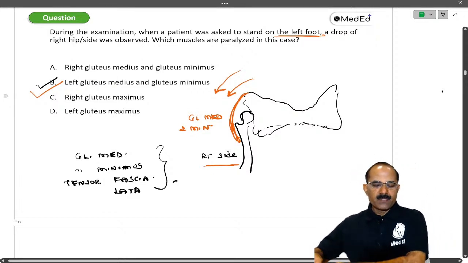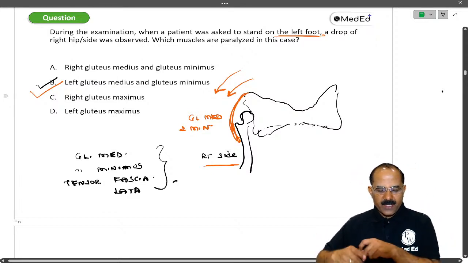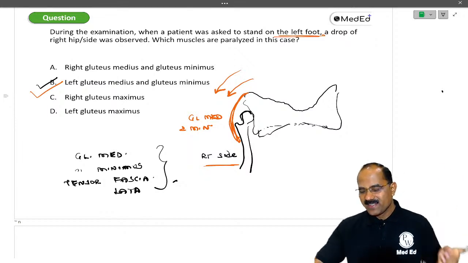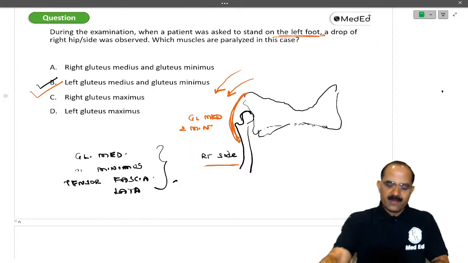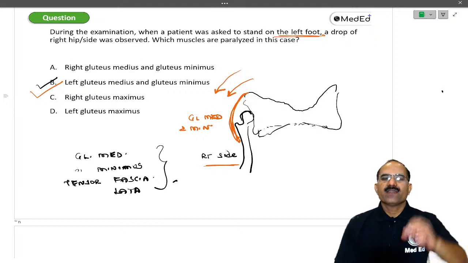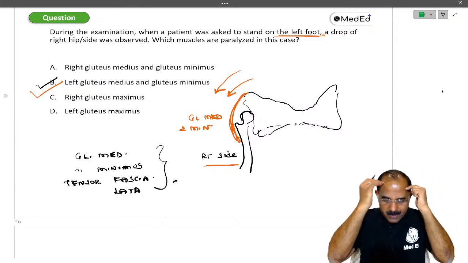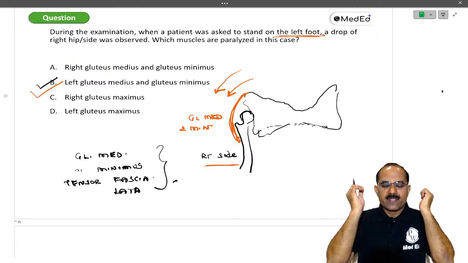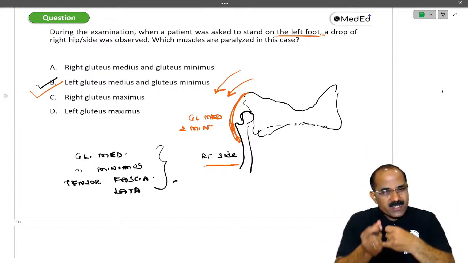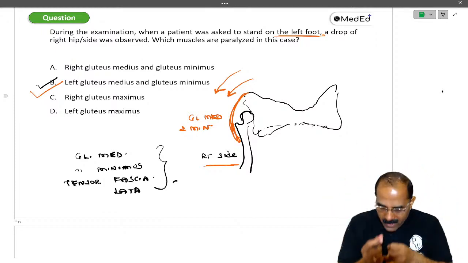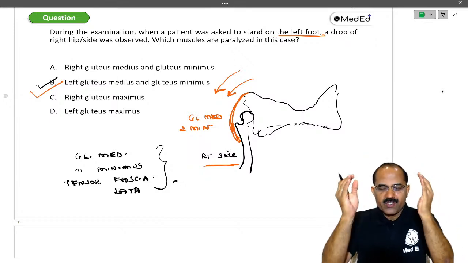Oh, that's great. Dr. Shri, very good. Your preparation is really good. Yes, excellent. That's the superior gluteal nerve. Bacha, this is a very important MCQ. Remember this, the superior gluteal nerve supplies three muscles, aka gluteus medius, gluteus minimus, and the tensor fascia lata.